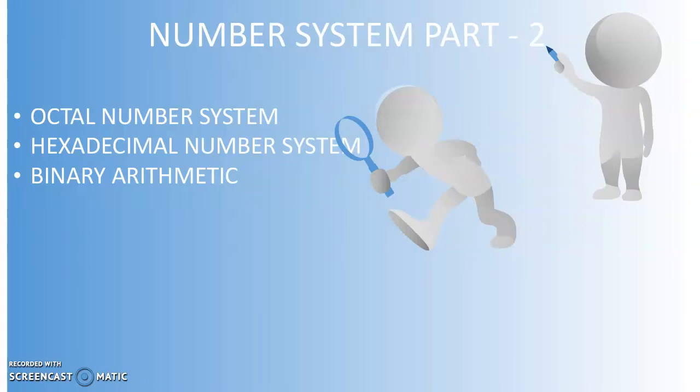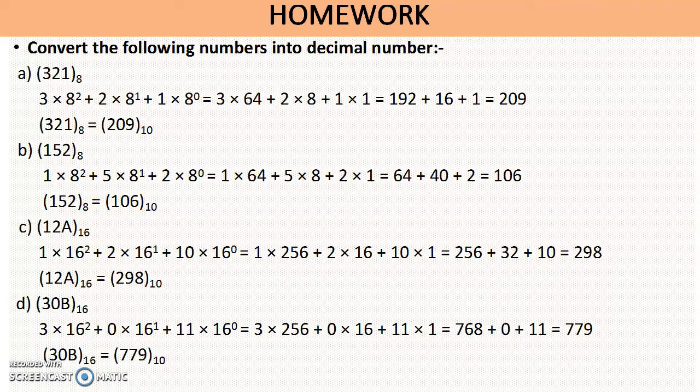So students, let's now discuss the homework of the previous session. The homework was to convert these numbers into decimal numbers. The first number is 321 to the base 8. Since it is an octal number system, we will use 8 as the base.